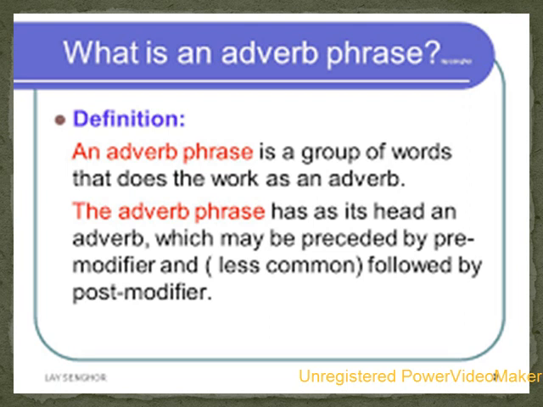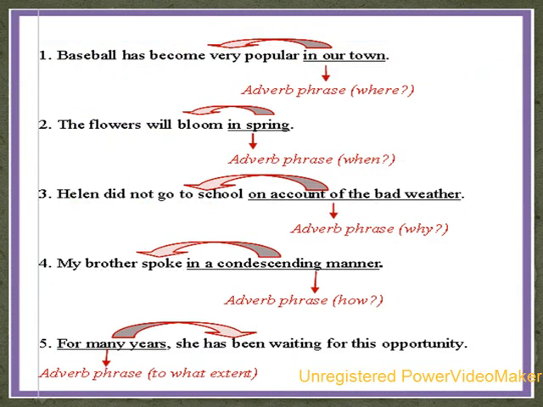Since it modifies the verb to describe the location, it can be categorized both as a prepositional phrase and an adverb phrase. Here in the slide, you can see five examples of adverb phrases which tell you where, when, why, how and to what extent.